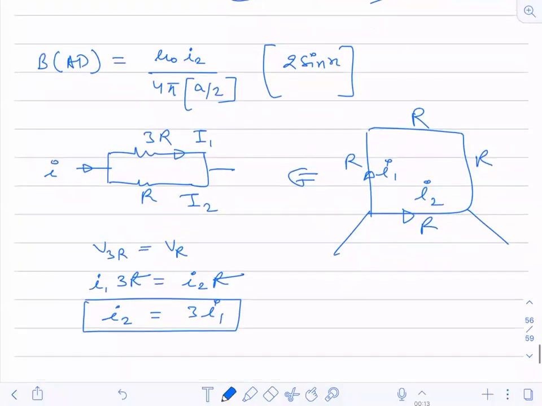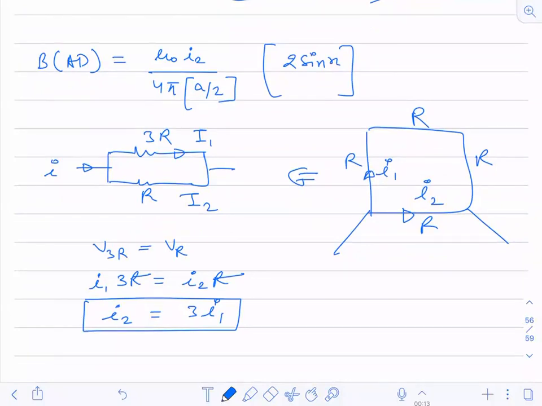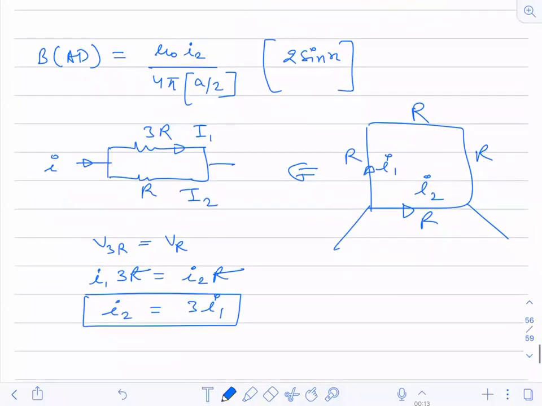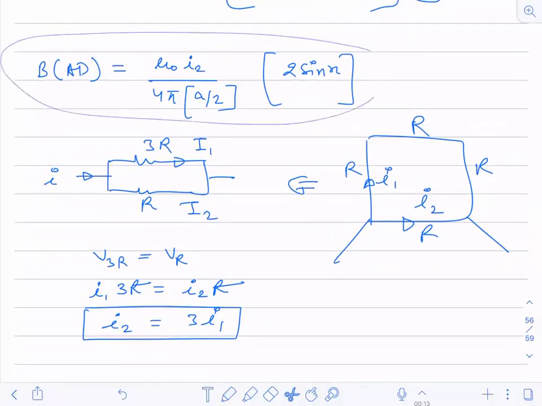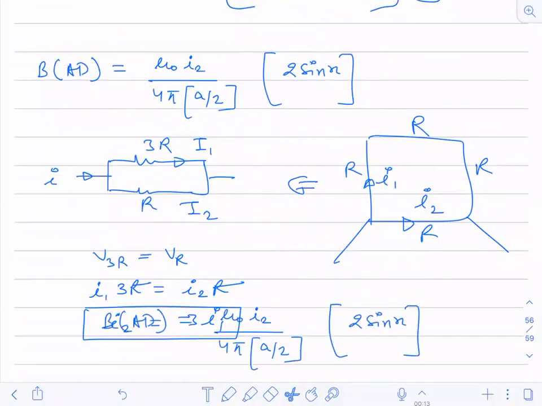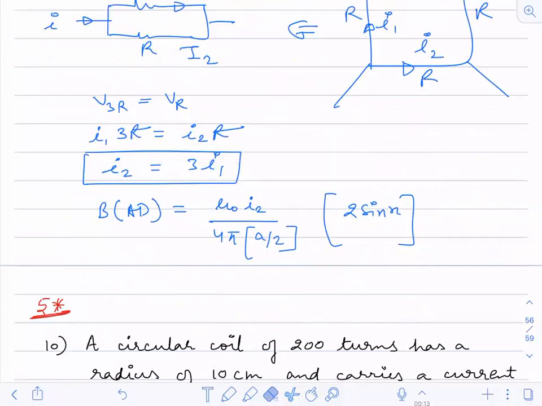So now if I substitute I2 as 3 times I1, we get 1 and 3.